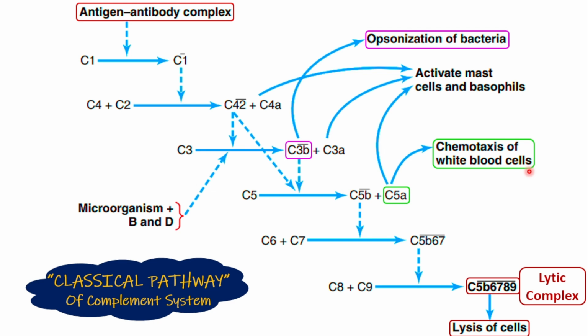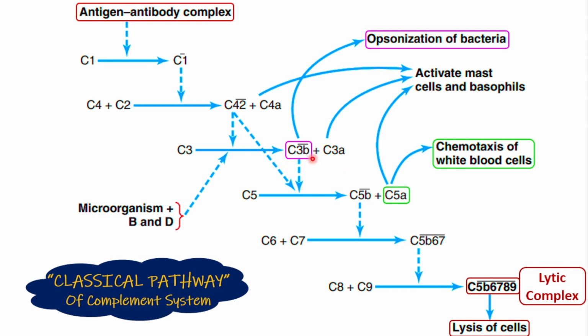When we discussed chemotaxis of white blood cells in inflammation, at that moment I told you that there are some complement enzymes which play the role of chemotaxics, that will attract the white blood cells towards the site of infection. So among all the complement proteins, C5a is the one which will cause chemotaxis of white blood cells.